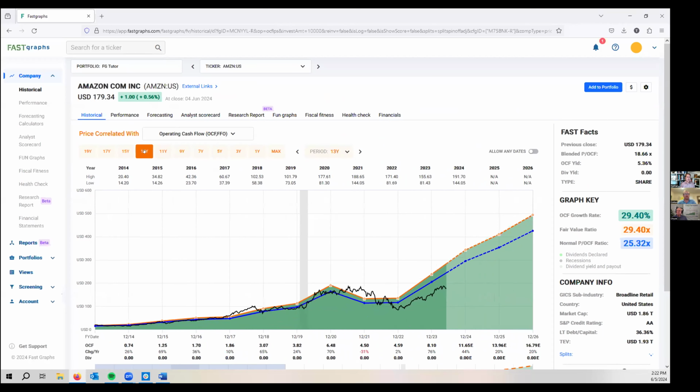If we chunk this down a little bit more, we get an even cleaner picture. And so this gives you some idea again of where Amazon could go if they hit analyst expectations, and if they continue to trade at these multiples that they have historically and continue to grow at those rates.